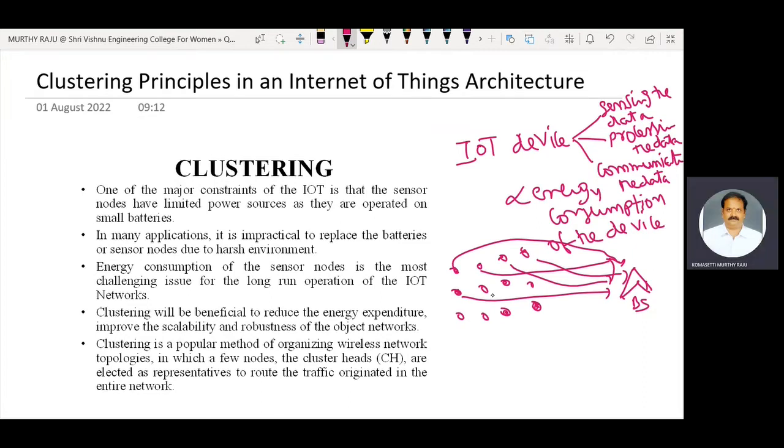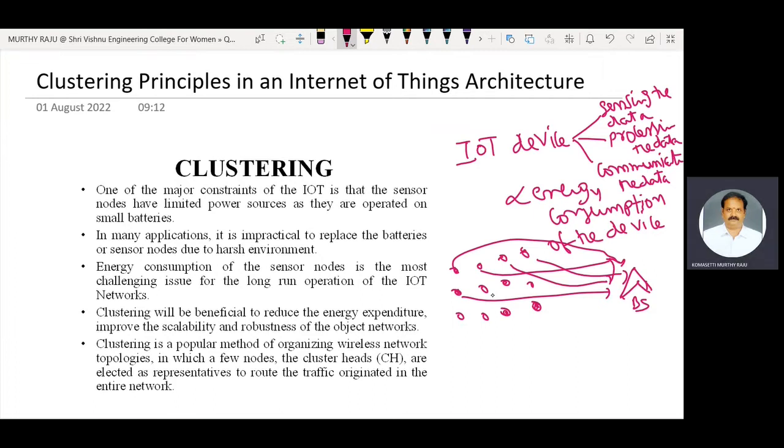That is a difficult task because most of the time the IoT device is involved in processing the information. Therefore, the energy is wasted, and finally the IoT device is converted into a dead condition.